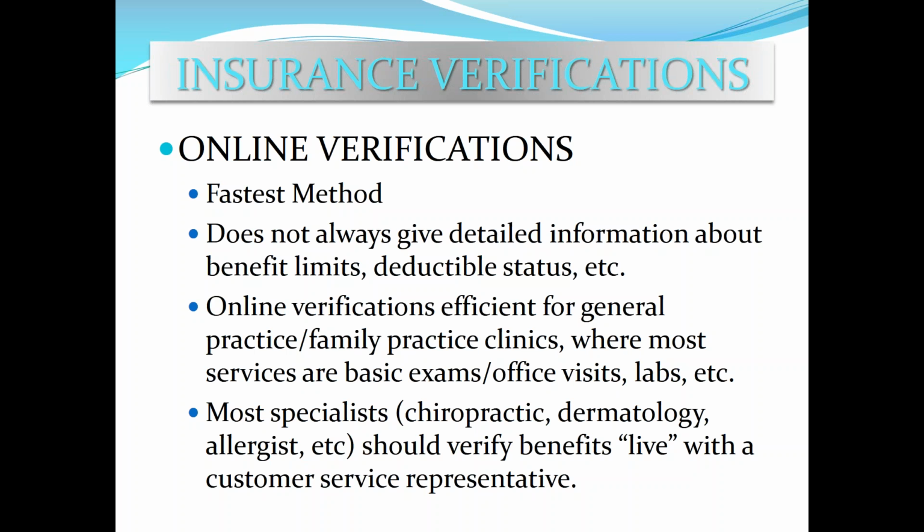But what they don't tell you is whether the patient has used any of those visits. And if the patient comes to you in the middle of the year, let's say, and has used all of their visits with another chiropractor, maybe they've just moved into town, and they see a chiropractor on a regular basis and they used up all their visits, you wouldn't know that necessarily by the online verification.